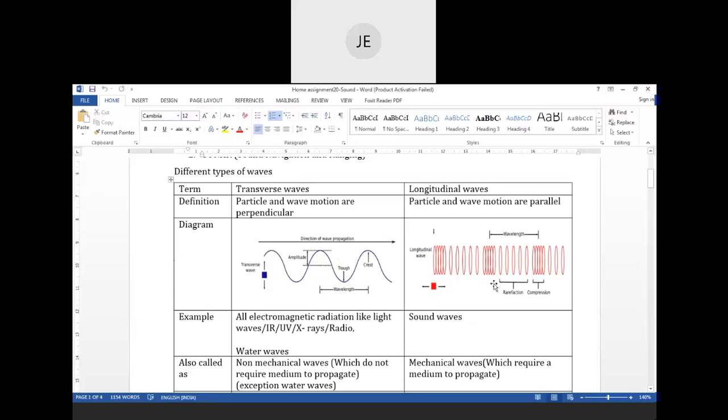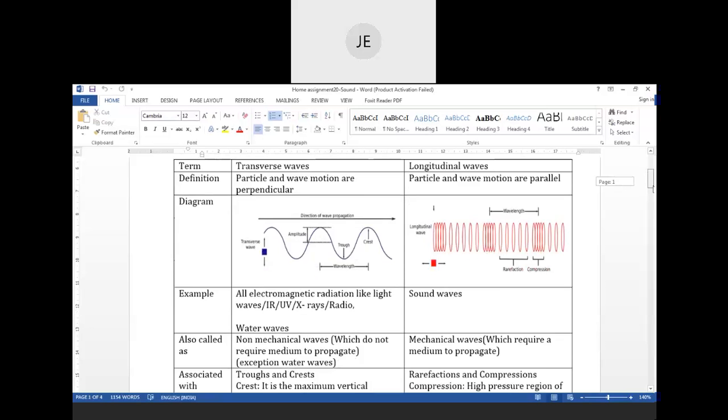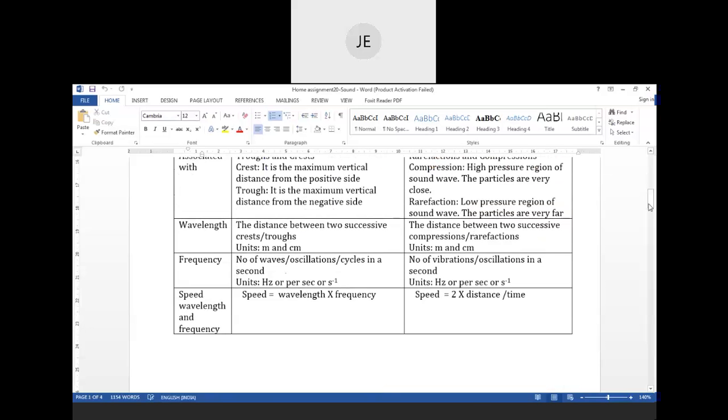In the case of a longitudinal wave, we define wavelength as the separation between two successive compressions or two successive rarefactions. Wavelength is a length. SI unit is meter, CGS unit is centimeter.